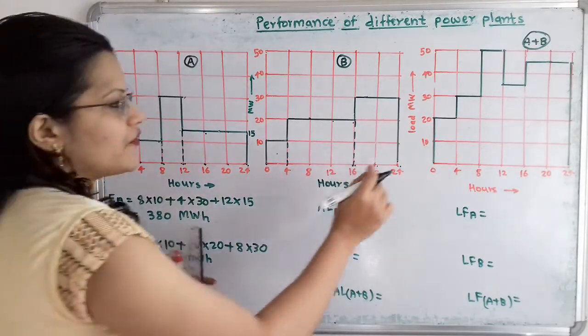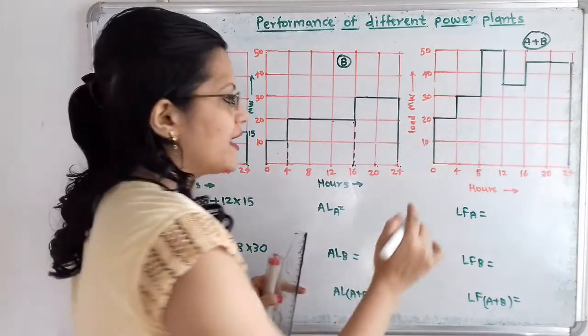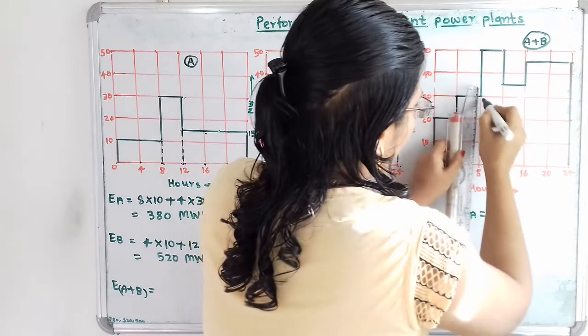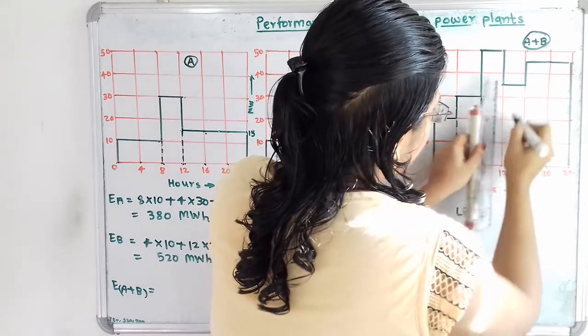Now in the same way for this combination of A and B. So again I will mark the area under the load curve. So here there are different sections.